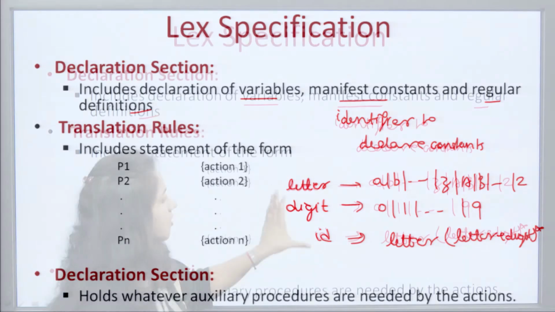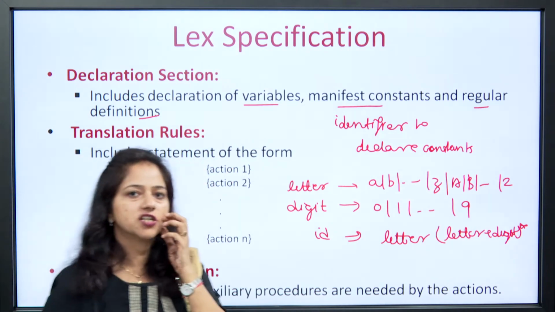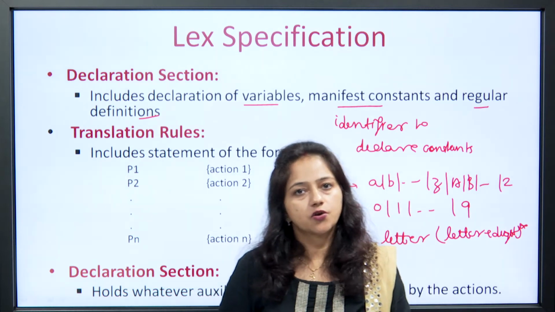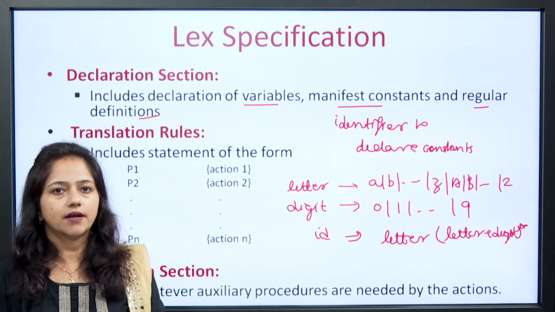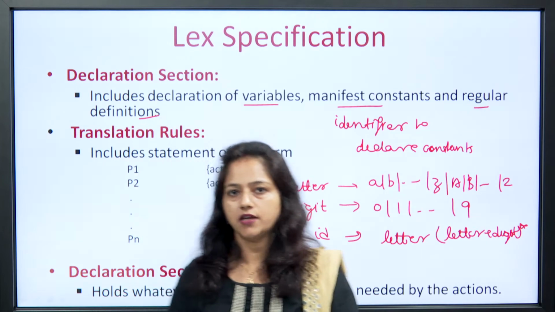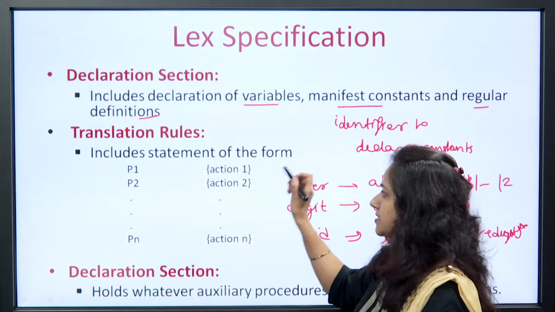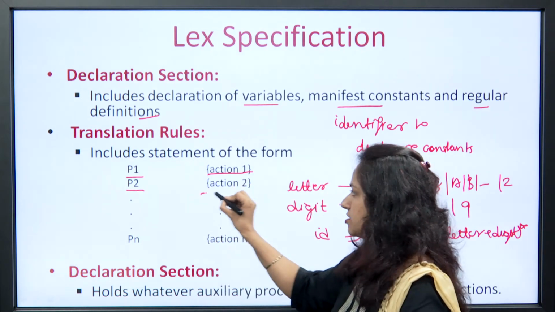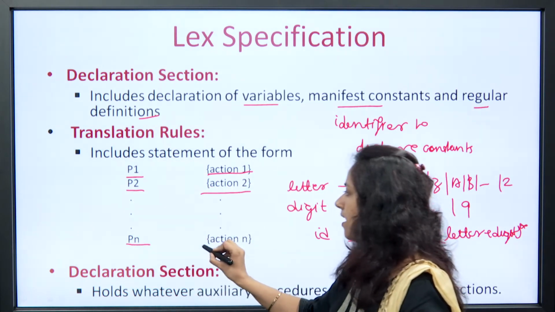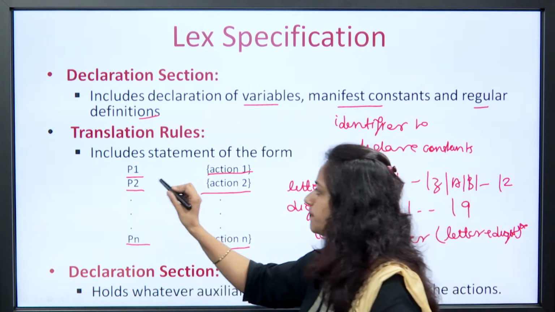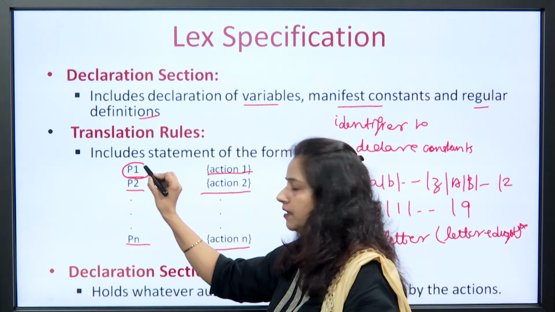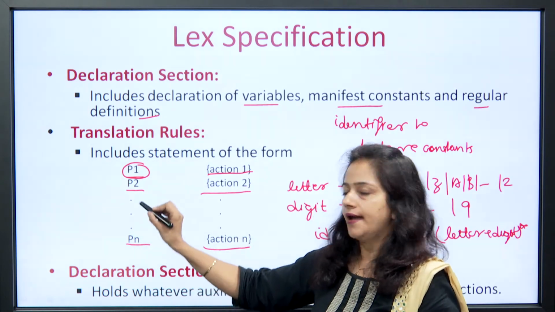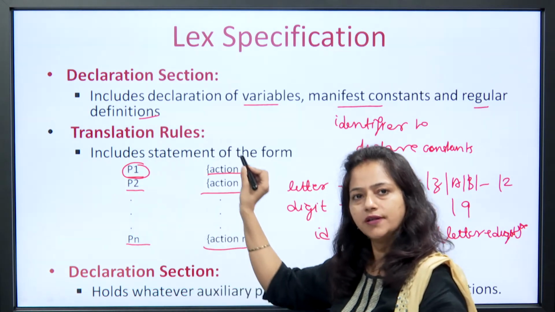So, they all will be declared in the declaration section of Lex specification. Next is the translation rule. Translation rule is an important section of Lex specification. It includes statements of the form P1 action 1, P2 action 2, and so on, Pn action n. What is Pn? Pn is the pattern, first pattern, second pattern and nth pattern, and action means the action corresponding to this pattern.